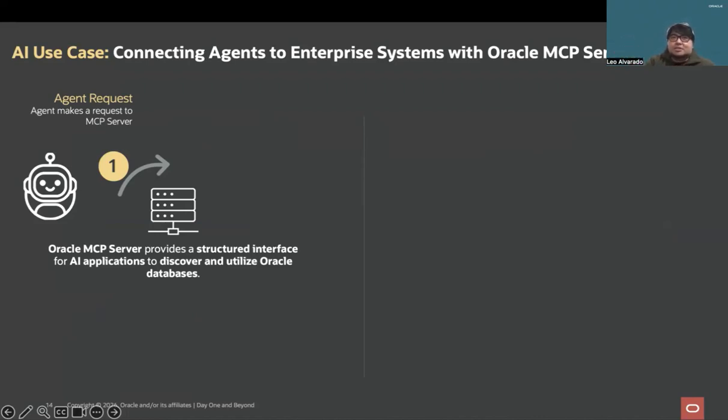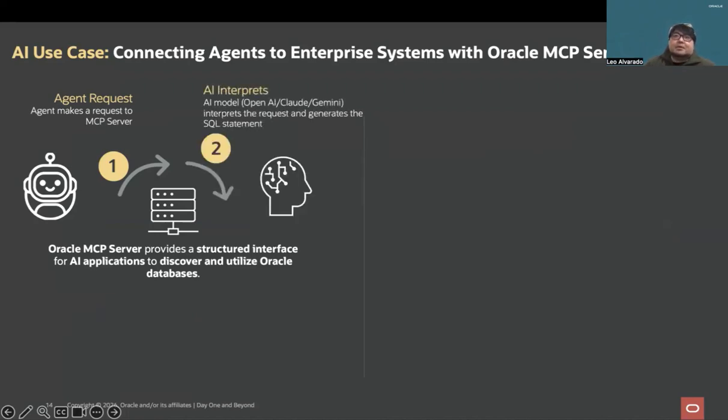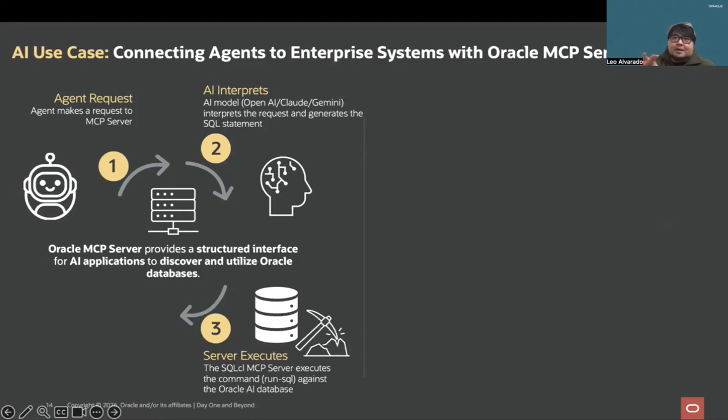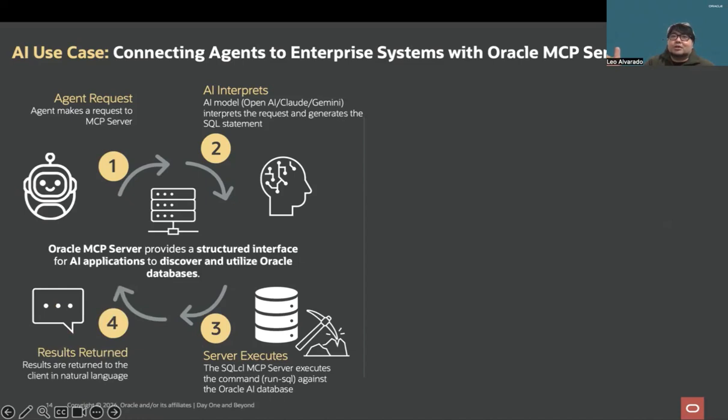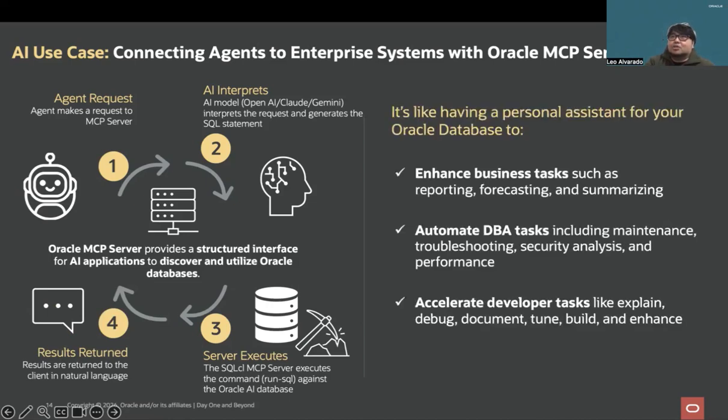An agent makes a request to your MCP server, and then your AI model or AI tools interpret the request and generate the SQL statement, and then the MCP server executes the queries against your Oracle AI database, and the results are returned and delivered to your client in natural language.